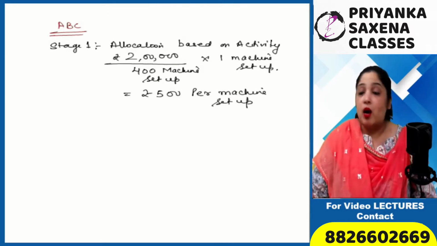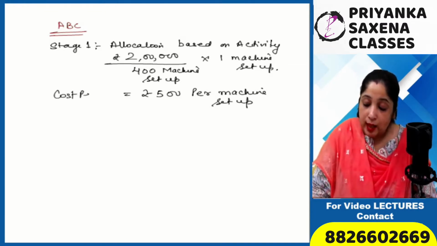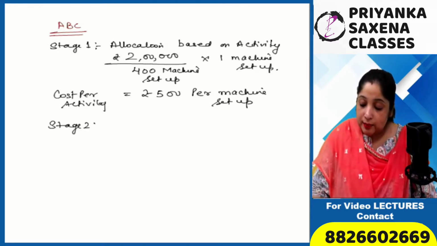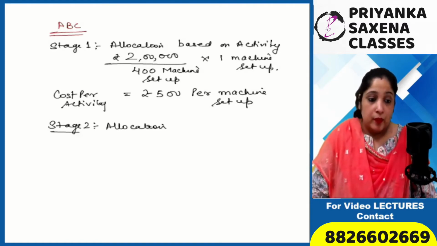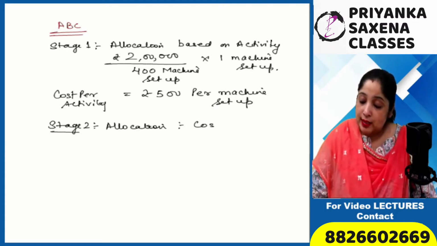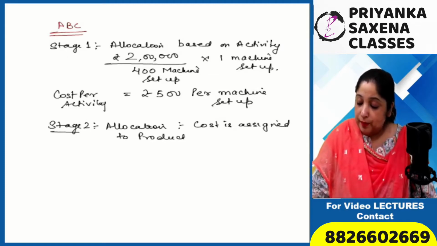Now this is your cost per activity, right? One time you set up, you incur the cost; that is the activity. Now the second allocation, stage 2 allocation, is where the cost is assigned to product or batch.